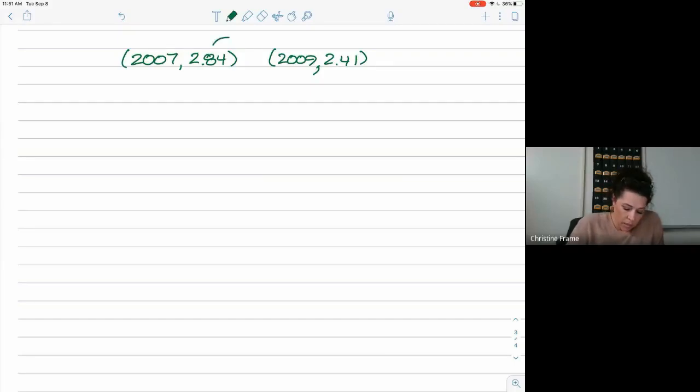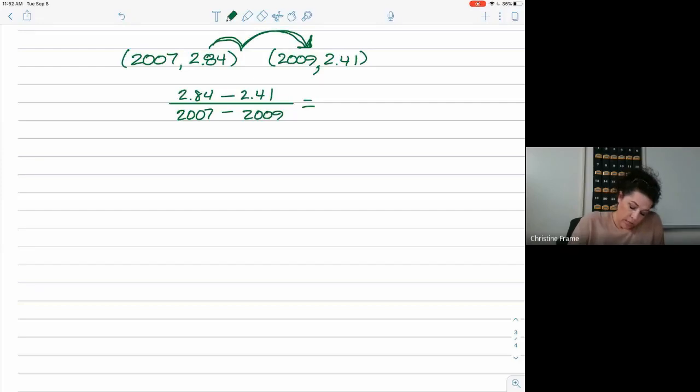So I basically want to know how much is it going down per year. So all you're looking for is the average. So if I have $2.84 in 2007, and I'm finding its change, its average, basically, right? I'm going to subtract their numerators. So that's a difference of 43 cents over negative 2 years.